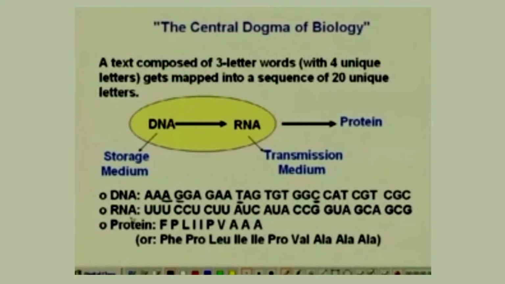If you look at the corresponding alphabet of RNA, you will see that we have U, C, A and G.